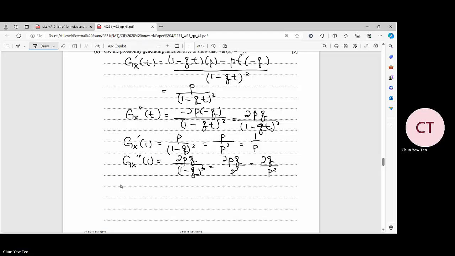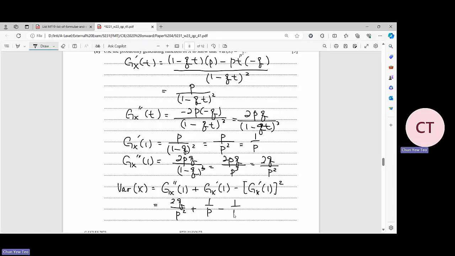Okay. Then your variance of X will be the G_X double prime. This is the formula for the variance. So just substitute in, you get 2q over p square plus 1 over p minus 1 over p square.